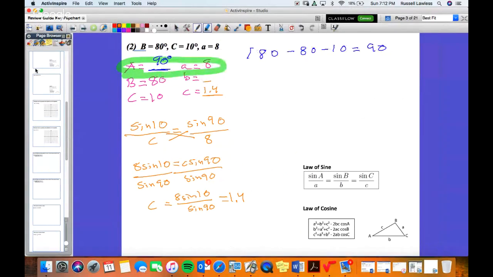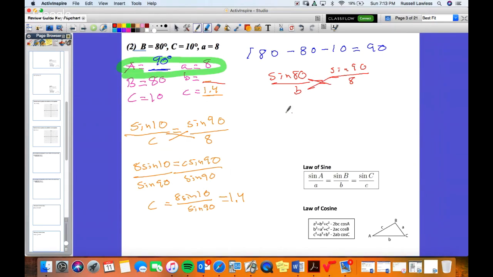Last but not least, let's look now for side B. And again, for B we're just doing the law of sines here. We only use the law of cosines really just to find it the first time. So we'll do sine of 80 over B equal to sine of 90 over 8.